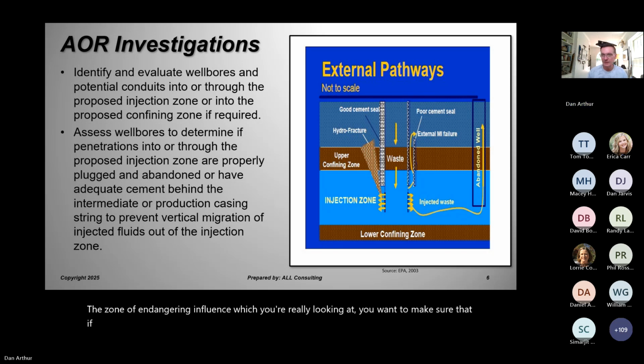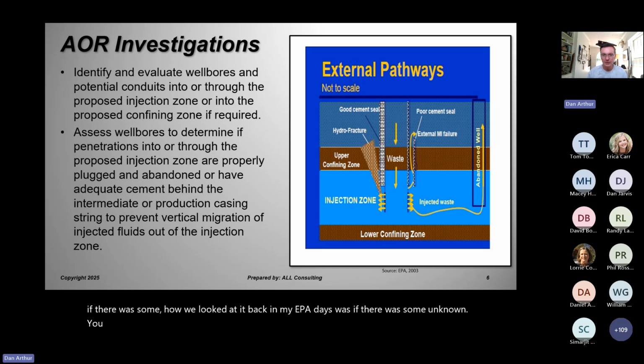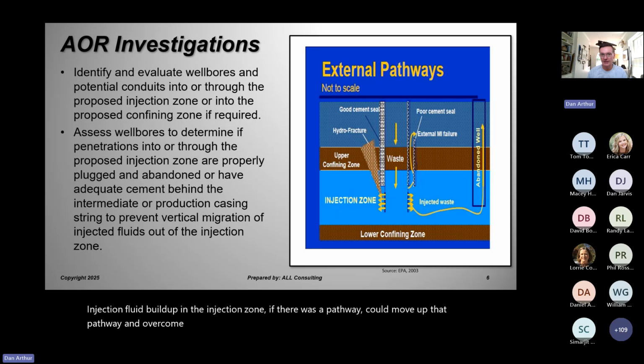How we looked at it back in my EPA days was, if there was some unknown, unplugged well or geologic feature, what distance from the well would be the limit of where injection fluid buildup in the injection zone, if there was a pathway, could move up that pathway and overcome the hydrostatic head of the lowermost USDW.